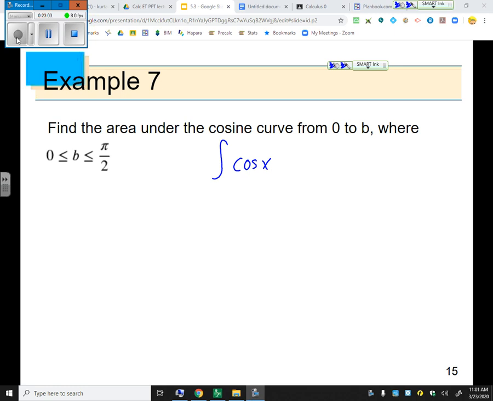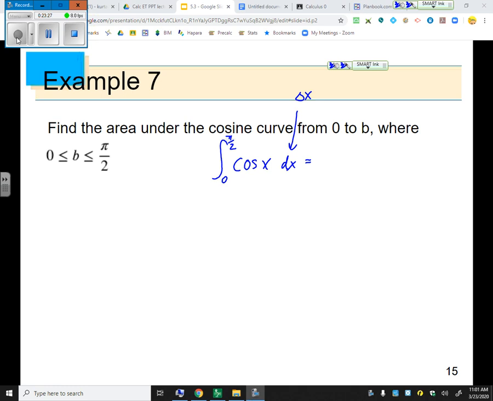And it tells me that b is between 0 and pi over 2. We'll throw the dx on there. And remember, this dx is just taking the place of my delta x. It just means that my dx is just a little bit of x. It's just a very small width. Because ideally with this, I have an infinite number of rectangles.